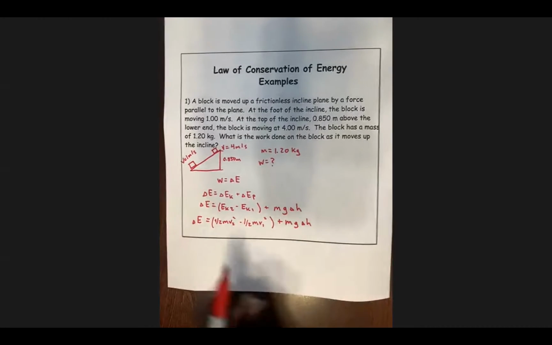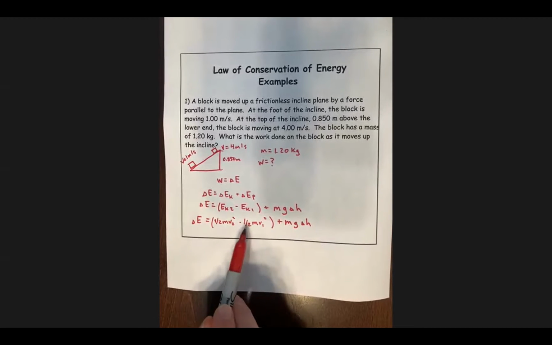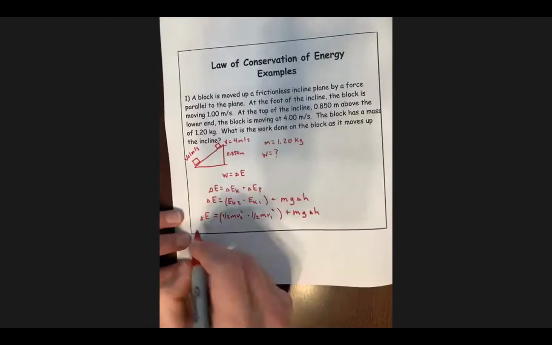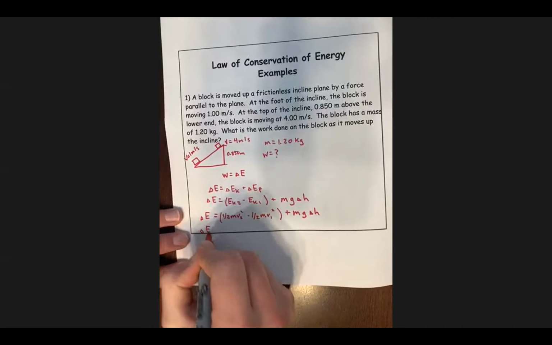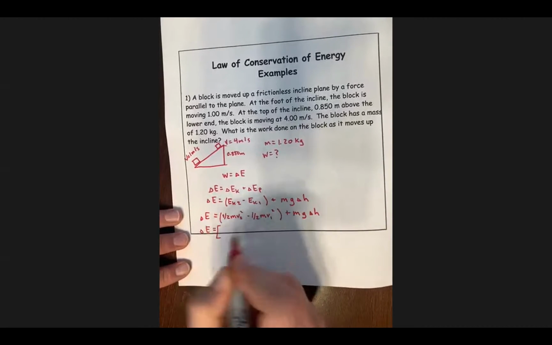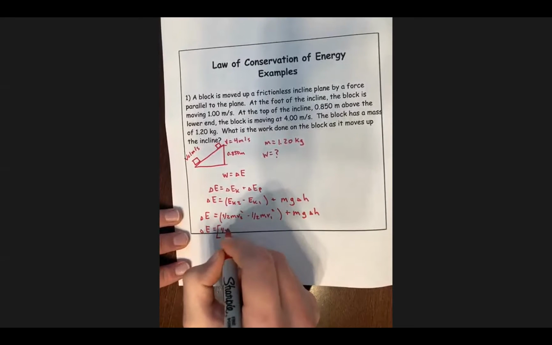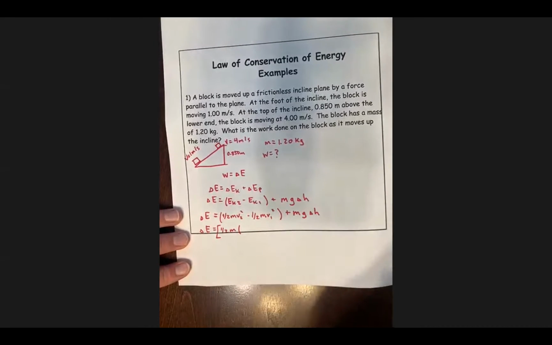You might notice that we have 1/2 m, which is common in both of these, so we can factor that out. It'll save us some time a little bit later. I'm going to put a big bracket there, and then we'll have 1/2 m, because that's what's common in both terms.